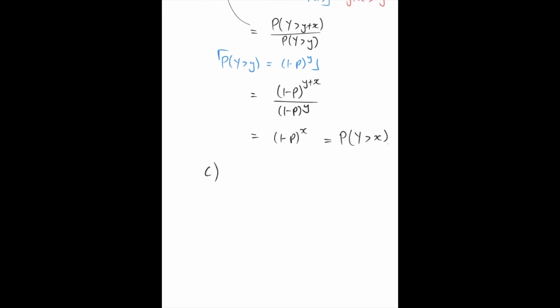In the sense that if we've already waited y time and nothing has happened, then waiting y + x time means we've only waited x time beyond nothing already happening.